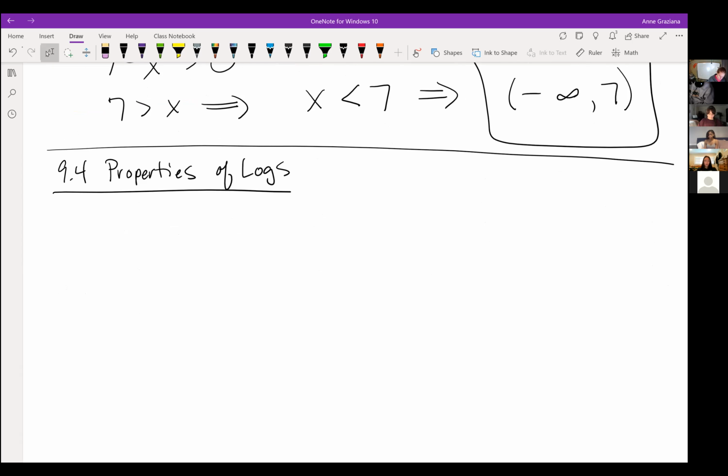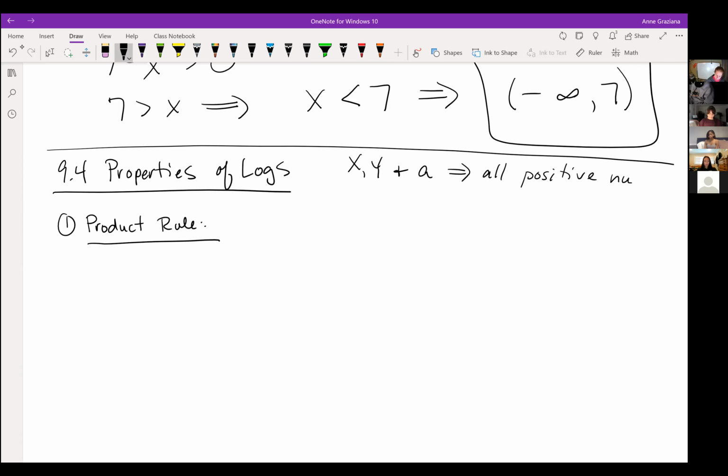So here's the first one. It is called the product rule. For all of these, I'm going to use x, y, and base a, and these are all positive numbers, but I don't want to have to write that every time.